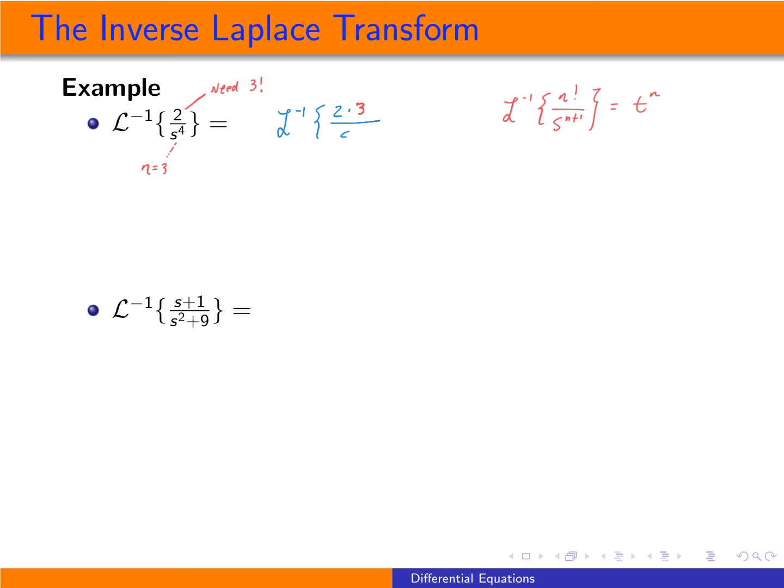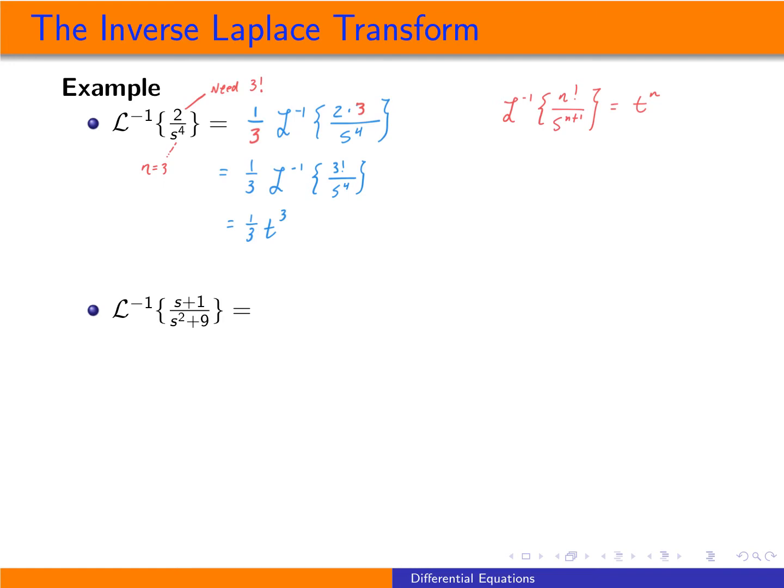But if I'm going to multiply by an extra 3 in the top, I also need to multiply by a 3 in the bottom, so that we are simply multiplying by 1. Once we've done so, the 1/3 hangs around out front, and what we have is the inverse transform of 3 factorial over s to the fourth, which is 1/3 t cubed.